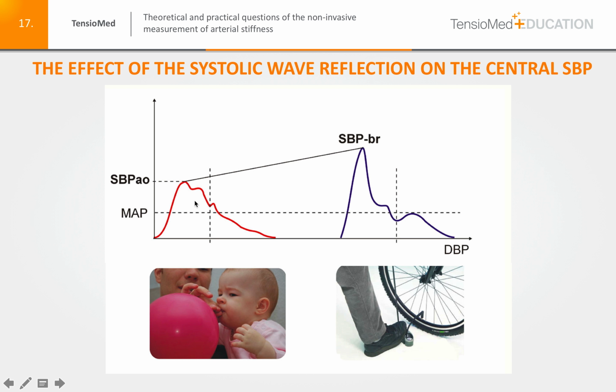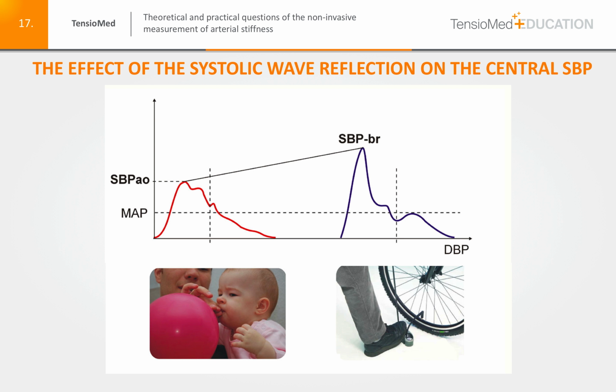As I said, the amplitude of the reflected systolic wave is determined by the peripheral vascular resistance, and the higher the amplitude of the second systolic wave, the higher the peripheral vascular resistance. In the normal physiological situation, the central systolic blood pressure at the aorta is lower than the brachial peripheral blood pressure.